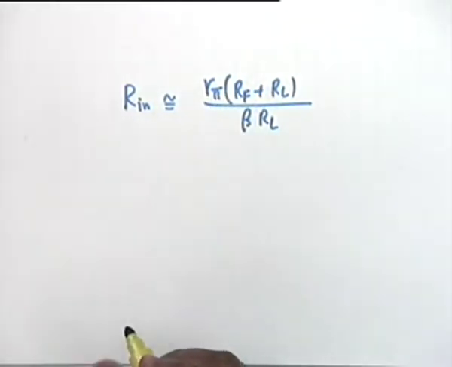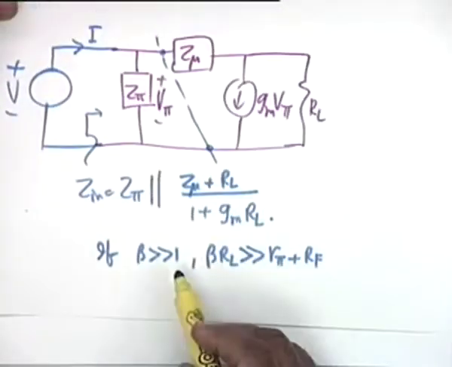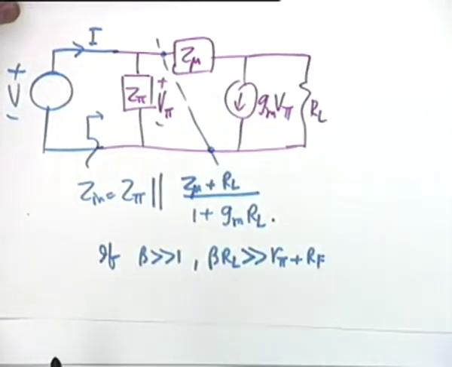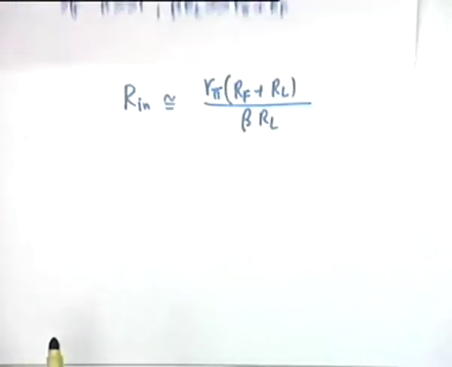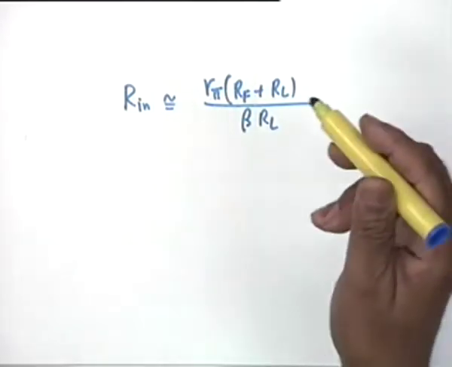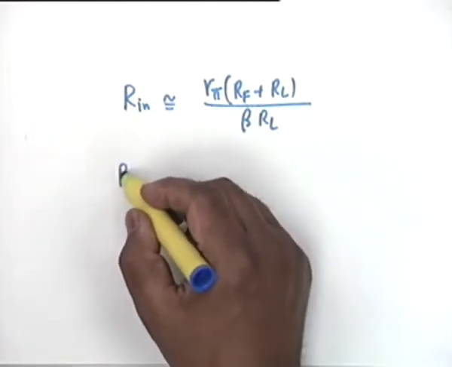If these two approximations are valid, that is beta much greater than 1 and beta RL much greater than R pi plus RF. Now, take a practical case.